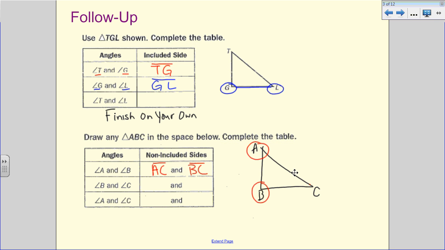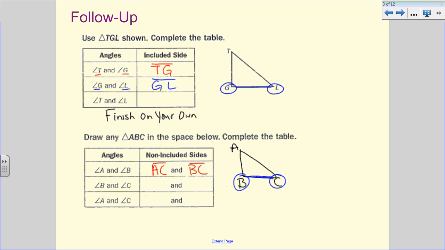If we take a look at, I may have to just redraw my triangle every single time. If we take a look at triangle ABC, and I take a look at angles B and C. I need to have the non-included sides, the sides that are not in between those two.